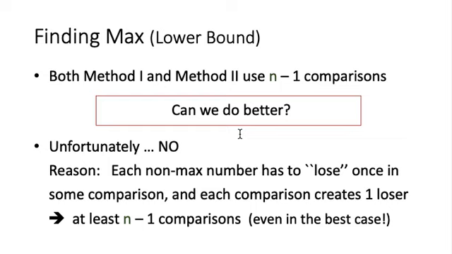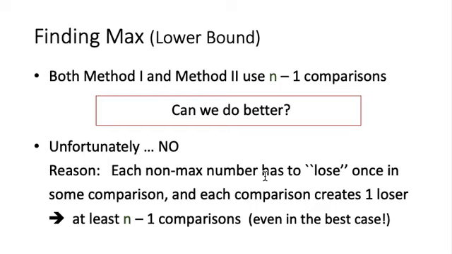So each match between two numbers will have one winner and one loser. Now for a number to be the only possible maximum, all the other non-maximum numbers must have lost at some point during some comparison.